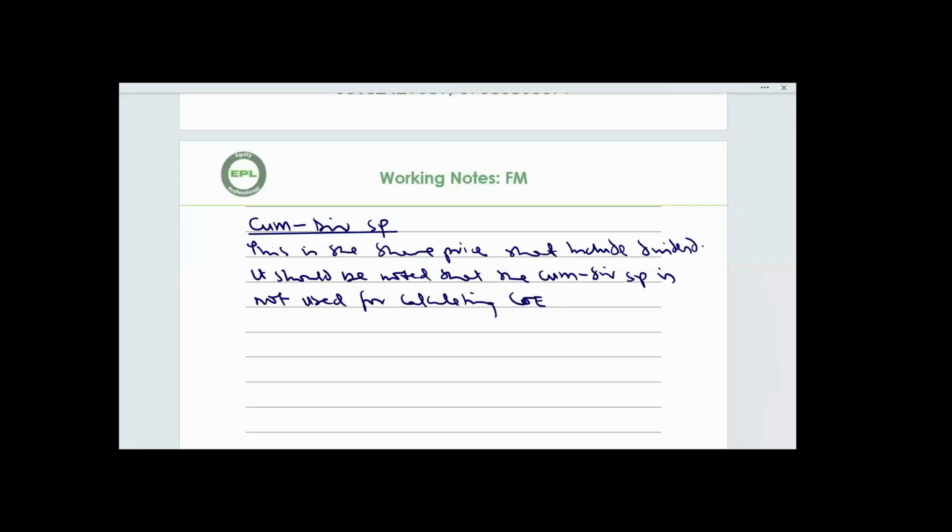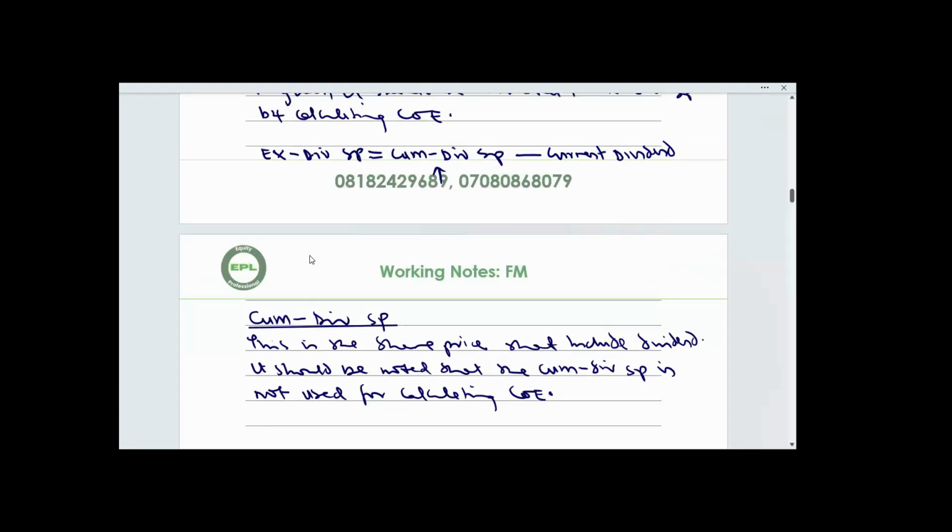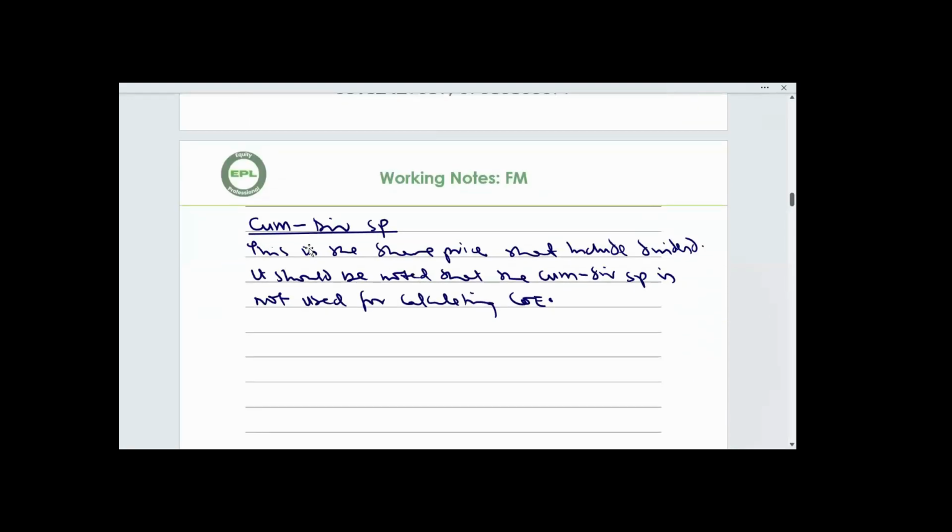You don't use CumDiv share price for calculating cost of equity. It has to be XDiv share price. So if CumDiv is given to you, you need to convert it to XDiv share price. I've already shown you how to do that. Okay, so that is for that.